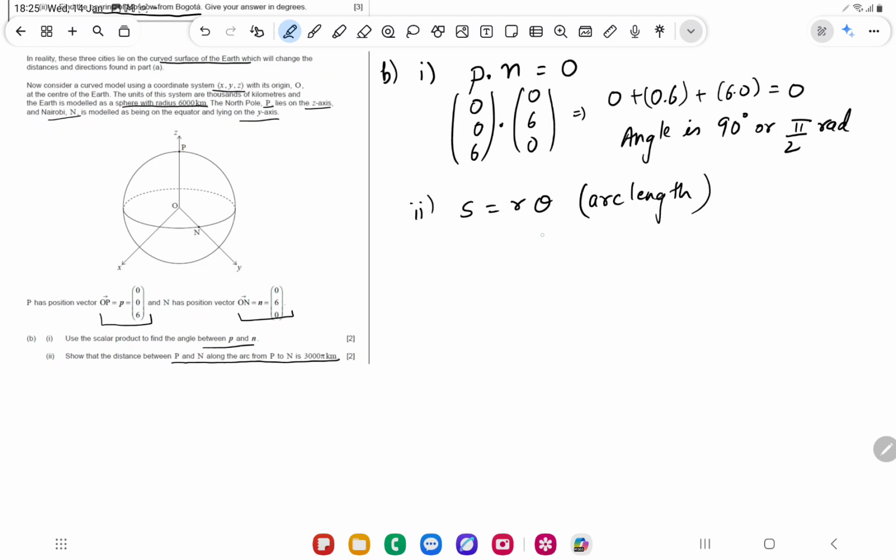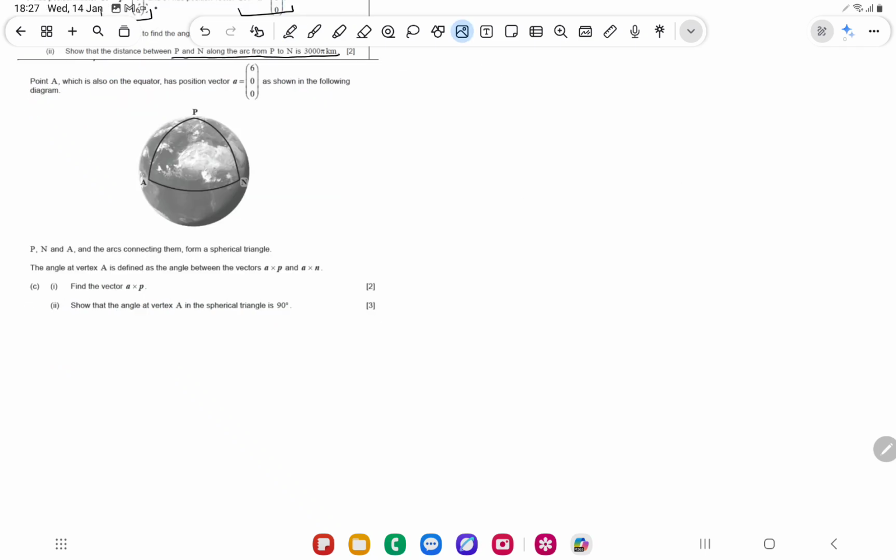Just now we calculated theta as pi by 2. So I can write my S as radius, given as 6000 kilometers, times theta, pi by 2. When you solve this, you will get the answer as 3000 pi kilometers. This is what the question has asked.